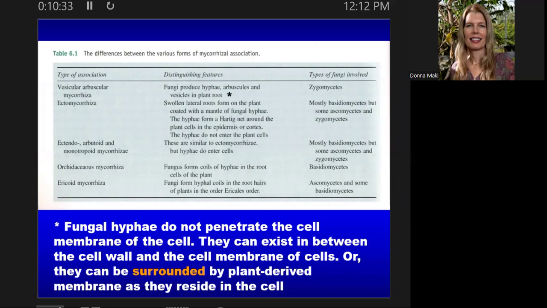So when you look at tables like this that are published, because you have to limit your number of words in the table, you often see this expression here. It says fungi produce hyphae, arbuscles, and vesicles in the plant root.